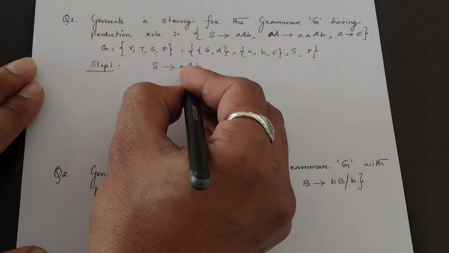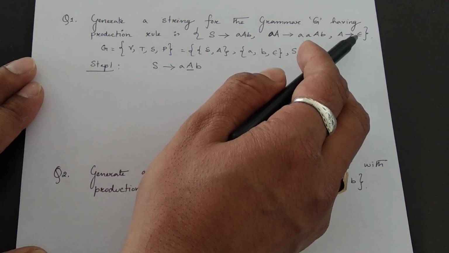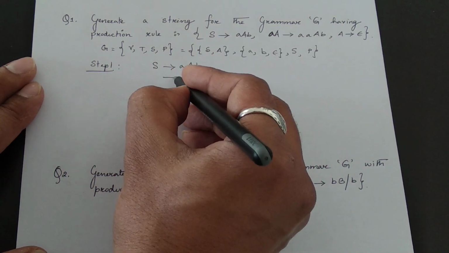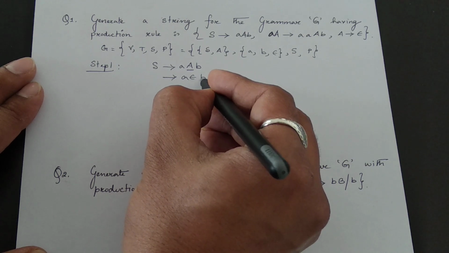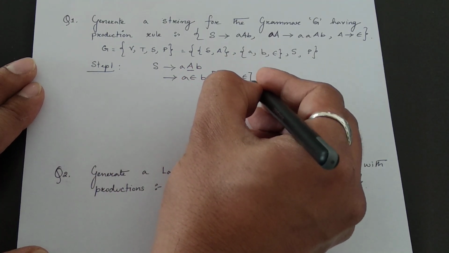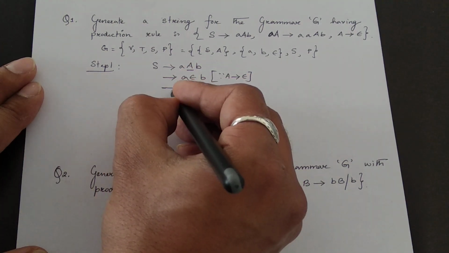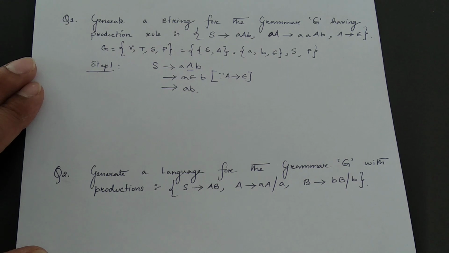So I have to eliminate this A. I can eliminate A with the help of epsilon. If I put epsilon, since A tends to epsilon, the final string will be AB. So this is one particular string.